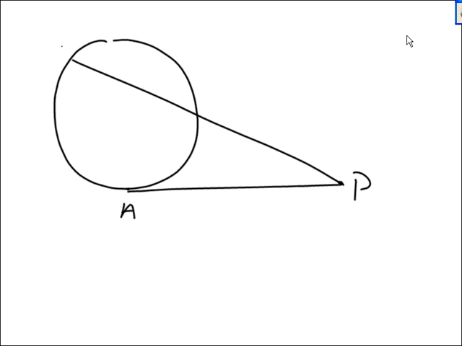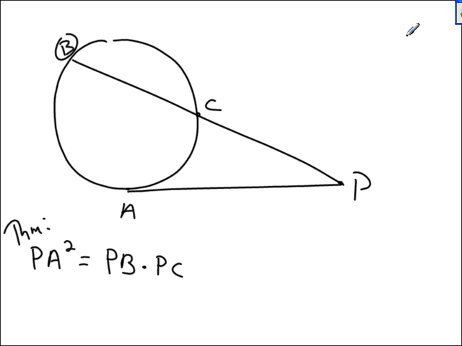And you have A, B, and C. Well, it turns out that the theorem states that the length of the tangent squared is going to equal the long line PB times the exterior PC. That is from B to P and then from C to P. Everything to the point. Okay, now why is this true?